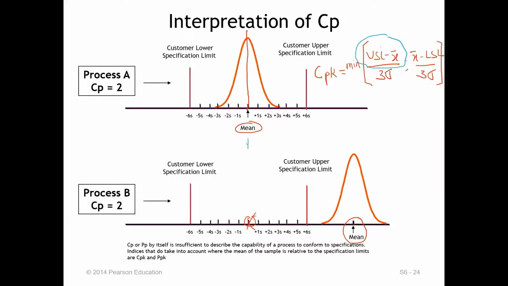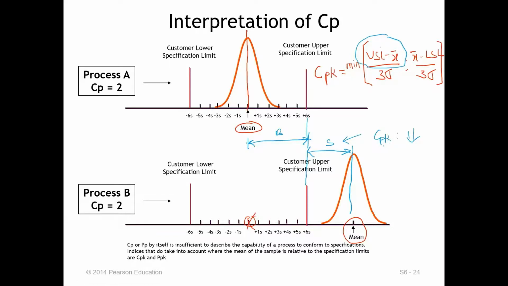For the first case, the difference between the upper spec limit and the mean of the data is as shown by the blue line in the slide. However, in the second case, the difference between the upper spec limit and x bar appears to be shorter than in the first scenario. Therefore, the second process is going to have a lower CPK.